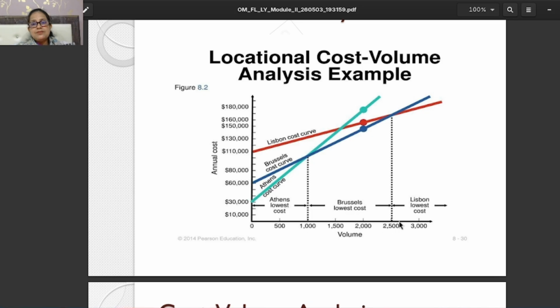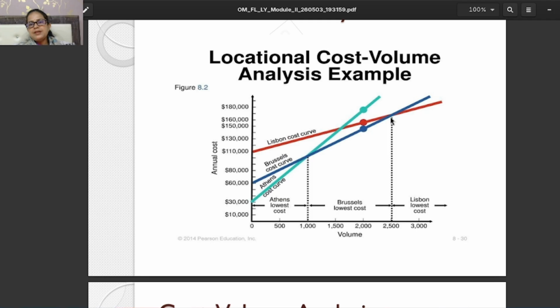After 2500, that's why I said you have to take the volume more. If 2000 units is given, then take it up to 3000 so that we can analyze. At 2500, we get another break-even.